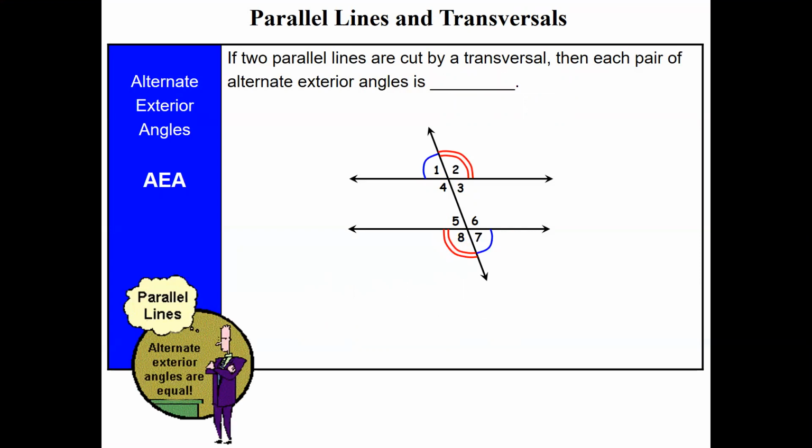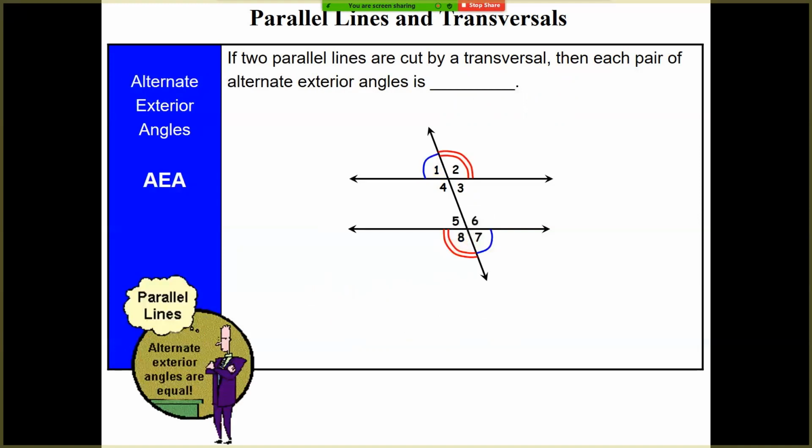Next, we're moving to alternate exterior angles. So here are my alternate exterior angles, angle 1 and angle 7, angle 2 and angle 8. They are congruent.